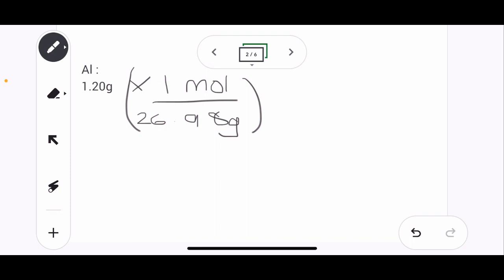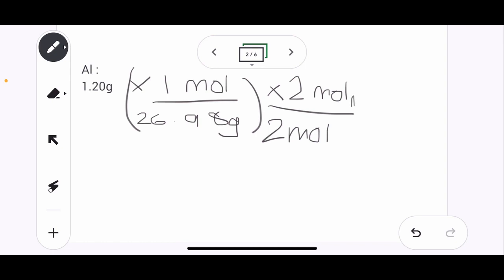Now we are going to do the mole ratio of aluminum to aluminum iodide, which is the product, and we are determining how much of it can be made, so we have to work with the mole ratio for that. On top goes the number of moles of aluminum iodide, which is 2 moles, divided by the amount of moles of aluminum, which is also 2 moles.